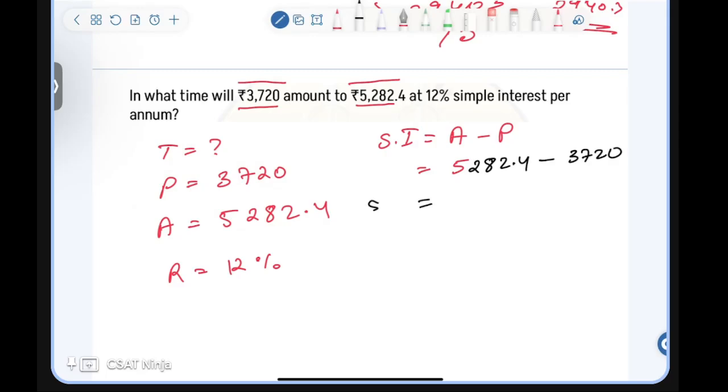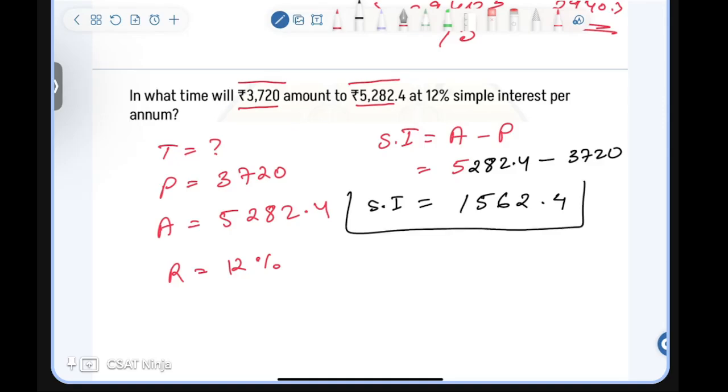So the simple interest will be, if we subtract this, 0.4, and 8 minus 2 is 6, and 12 minus 7 is 5, and 4 minus 3 is 1. So 1562.4. That is simple interest.